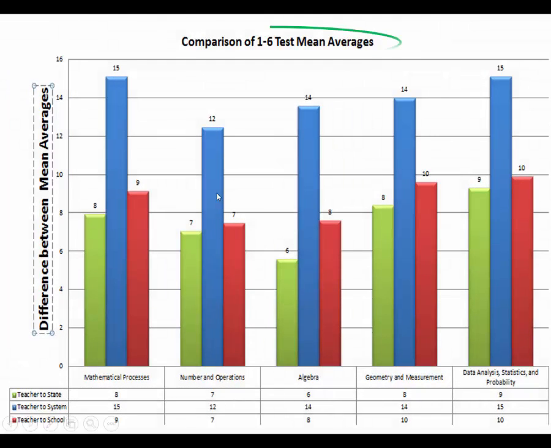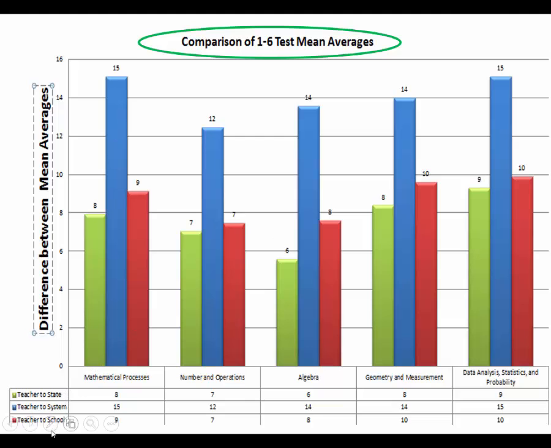And the last type of chart is a comparison of the combined average to the school, district, and state. So 0 would represent if the teacher average is the exact same as either the state, system, or school.